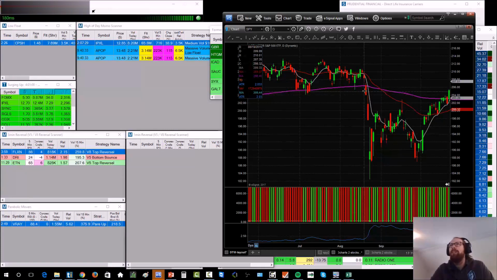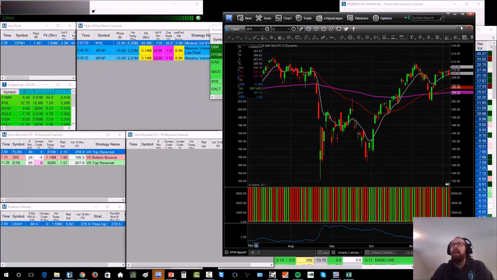We went from 210 on the SPY, and 2 days later we were down at 182. That was a 10% drop in 2 days. That was really significant, and it was very choppy for a few weeks, and then we started to bounce back up.